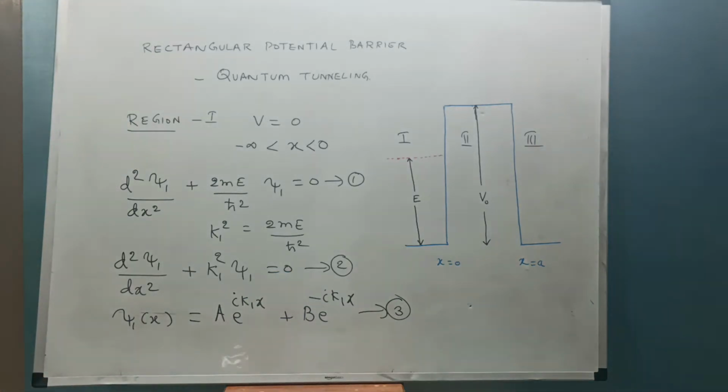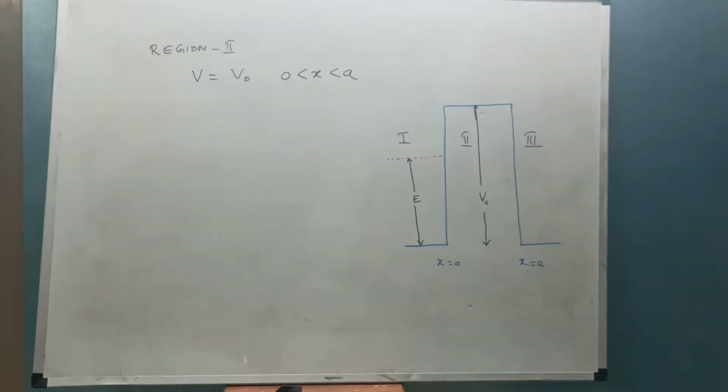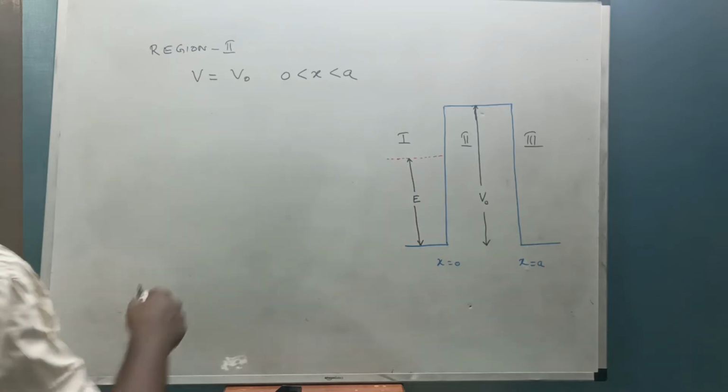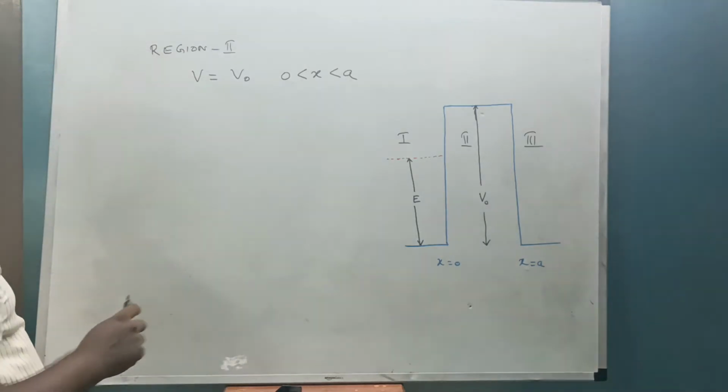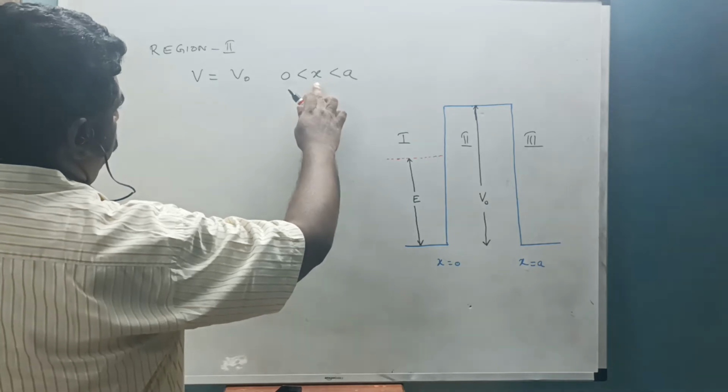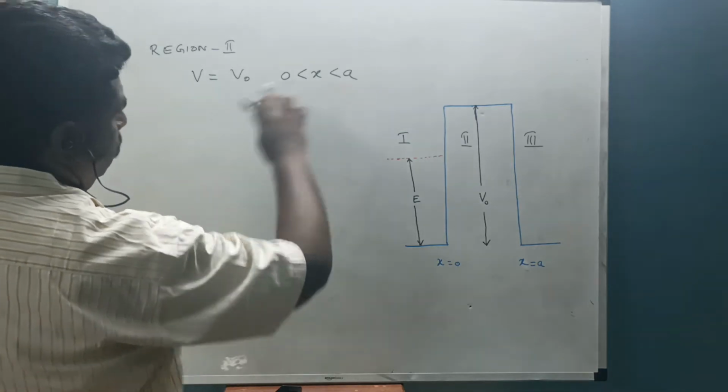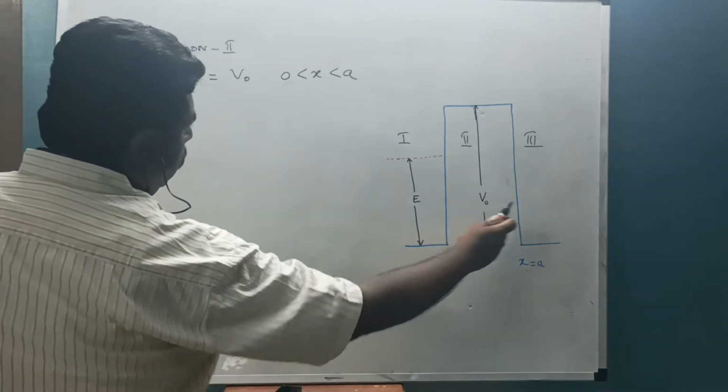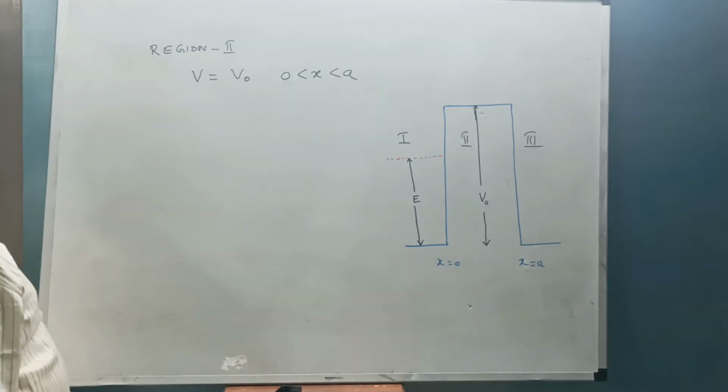Now we have to develop the Schrodinger equation for region 2. For region 2, the potential is V0, then the value of x is greater than 0, less than a, which means that we are talking about the width of the barrier.